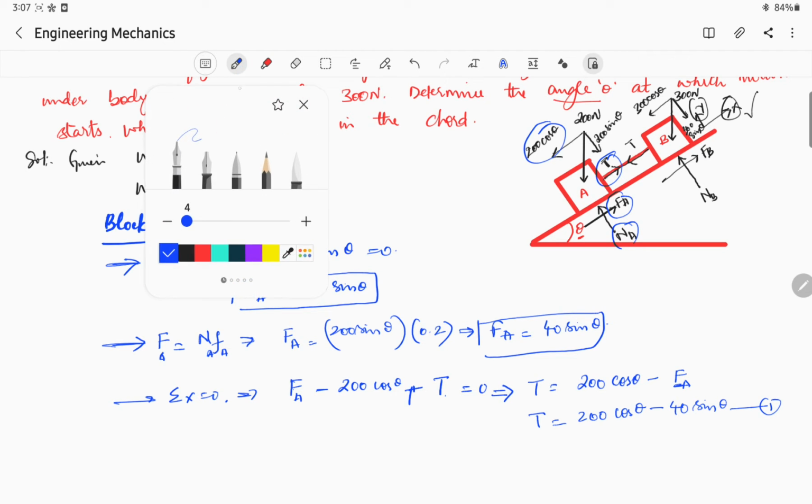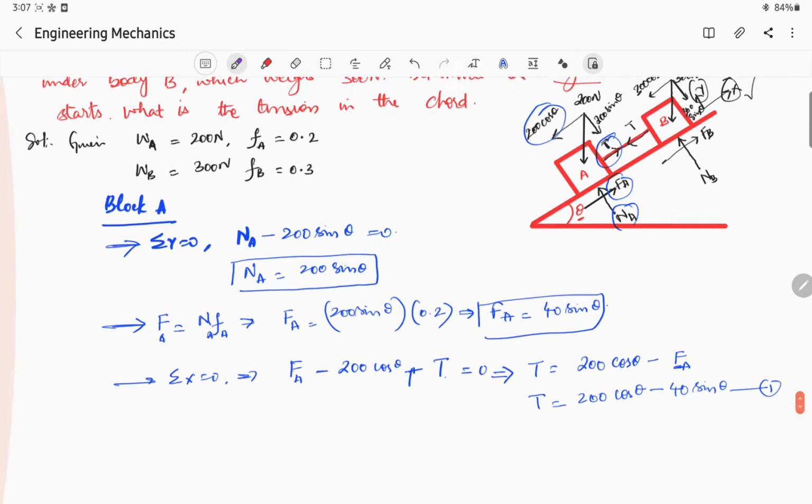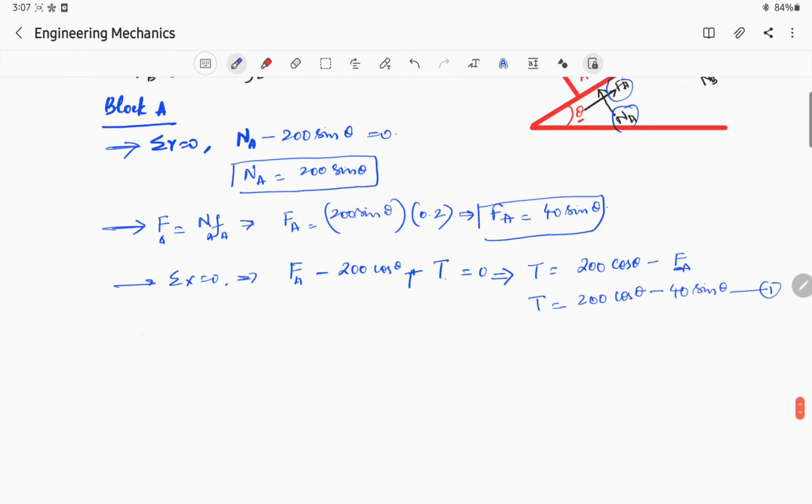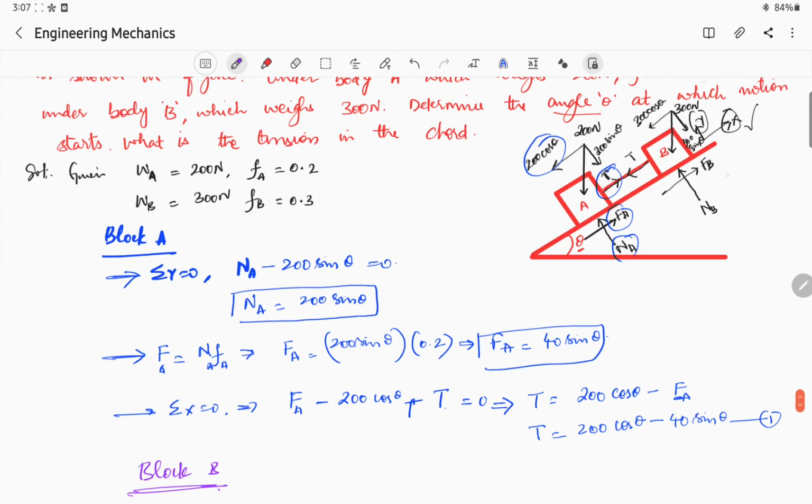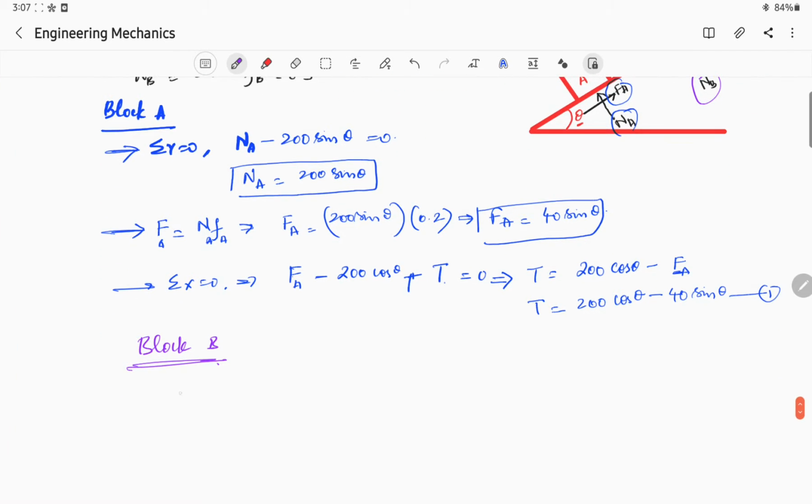Now we'll go for block B. So for block B, again the same thing, that is sigma y is equal to 0. You can see how many vertical forces we have: NB is one vertical force and 300 sin theta is one vertical force.